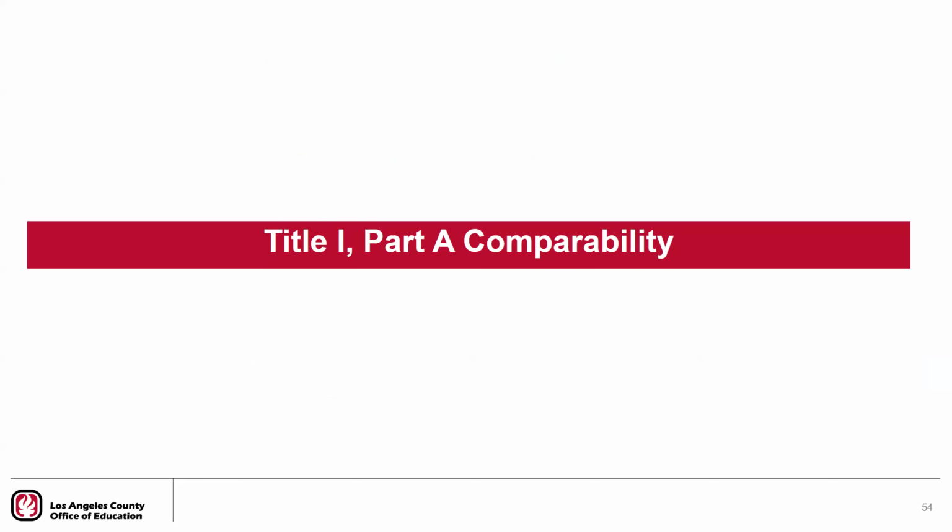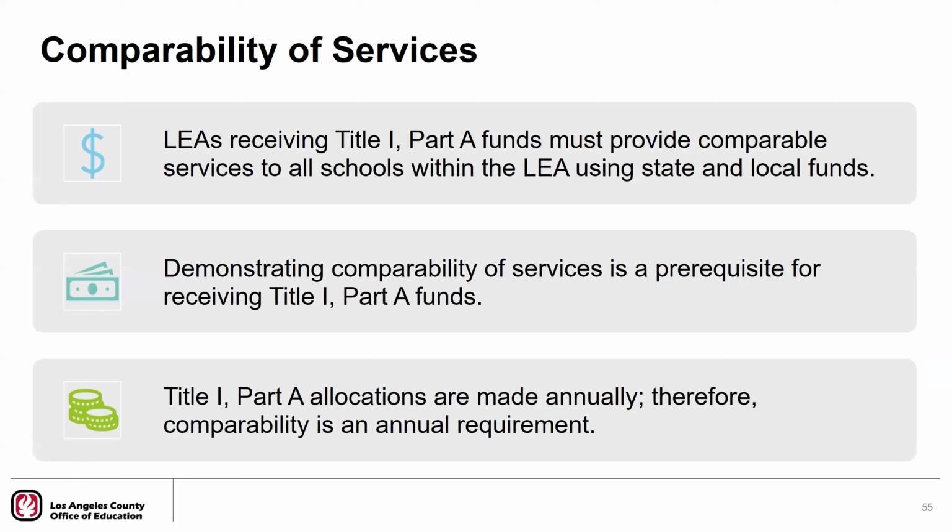Thank you, Debbie. So next we have Title I comparability. LEAs receiving Title I Part A funds must demonstrate that all schools are providing comparable services using state and local funds. The purpose of this requirement is to ensure that LEAs provide at least the same amount of funding to schools receiving Title I funds as they do to non-Title I schools.